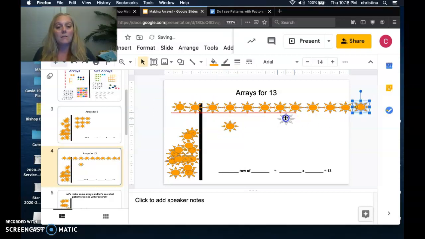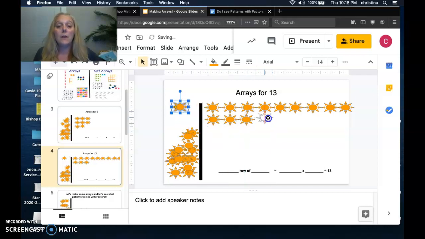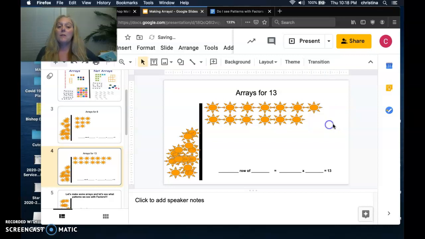But guess what? You cannot put the number 13 into 2 equal rows, because the number 13 is not even, therefore it's not divisible by 2. So the number 13 cannot be put into 2 equal rows.